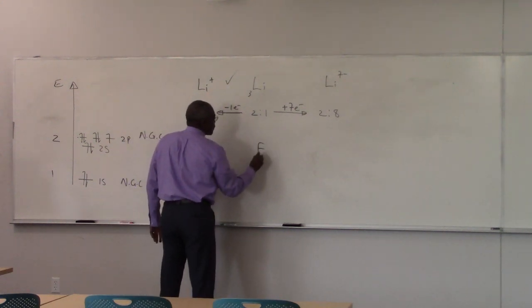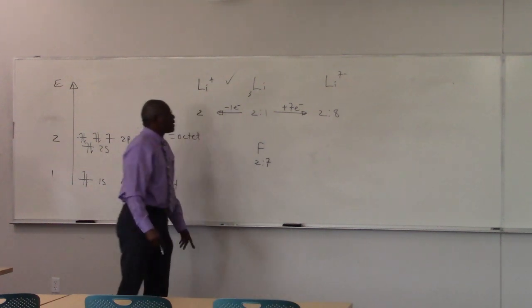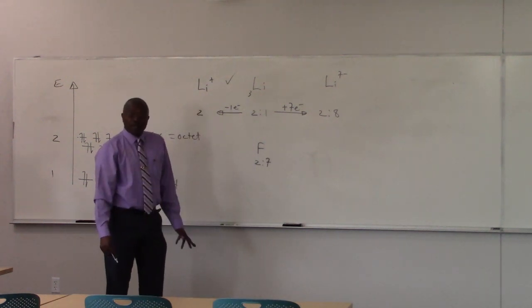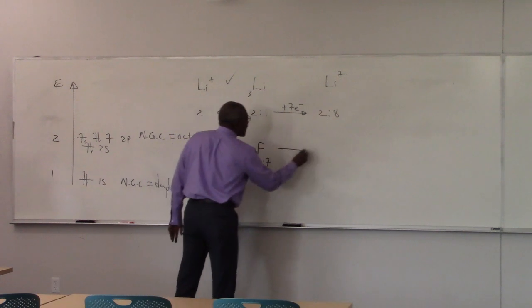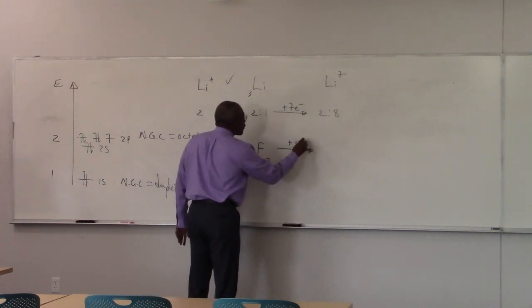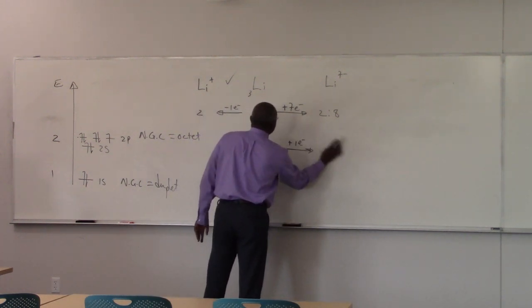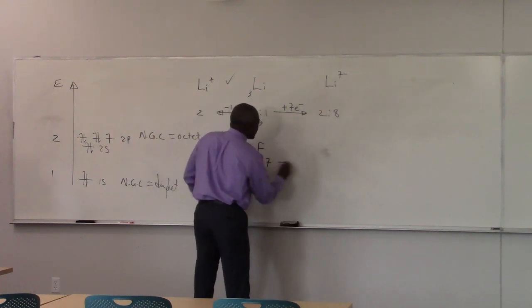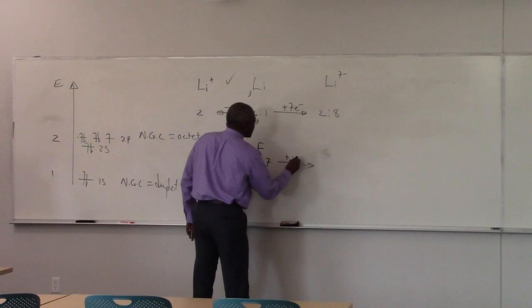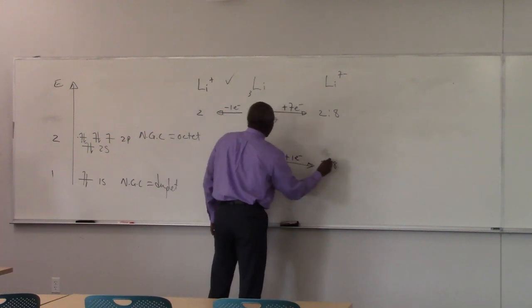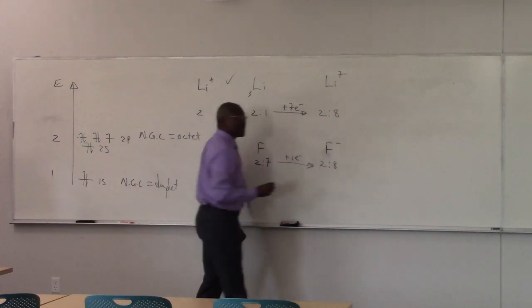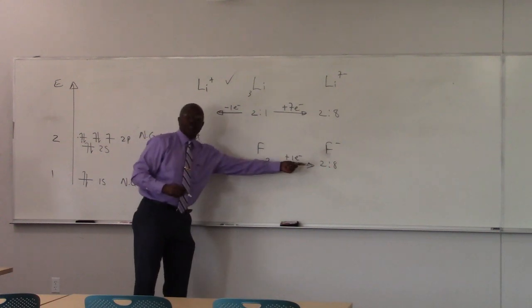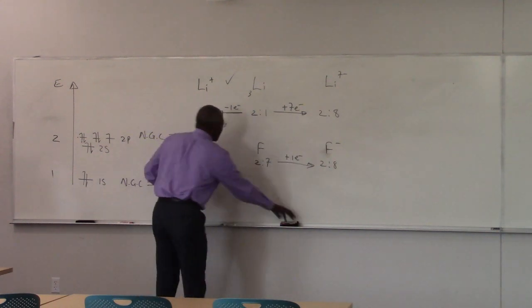Fluorine, which was 2,7, also has 2 options. And what are the options? Go ahead and gain 1 electron and become 2,8, in which case you're now F minus, because I'm gaining 1 electron, so I'm going to acquire negative charge.